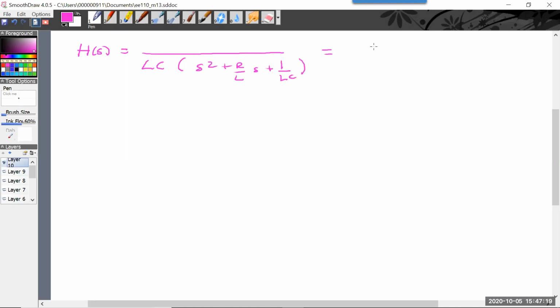Now this is actually equal to, where we just kind of call things, not worrying that they're circuit parameters anymore.